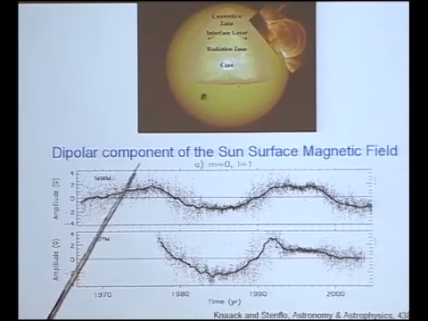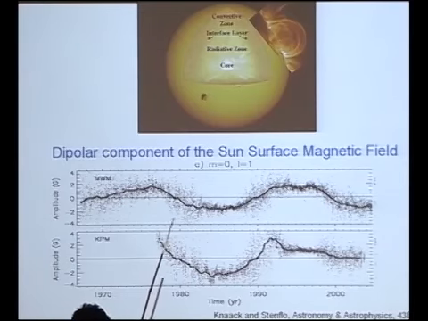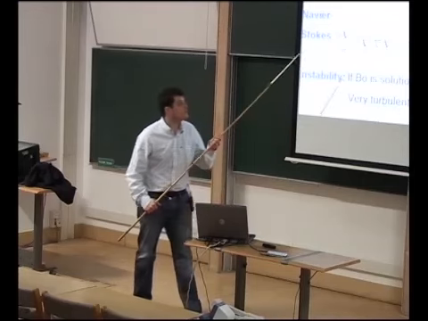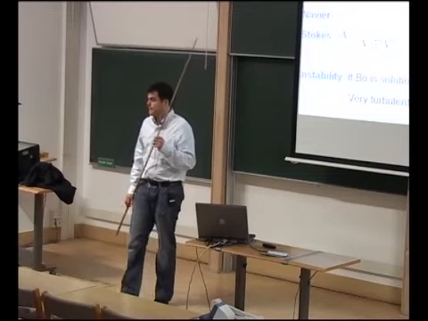And here I have extracted from this paper the behavior of the dipole component of the magnetic field. And you see that it oscillates here with the 22 years period that we have been aware of due to the study of sunspots. So if you look only at this dipolar component, it oscillates in a roughly periodic fashion.